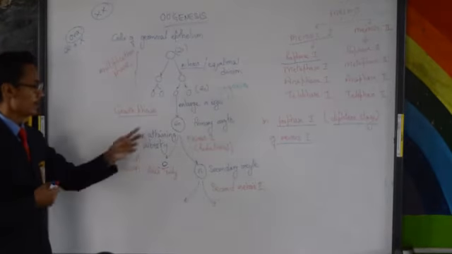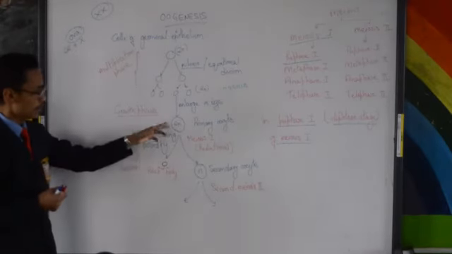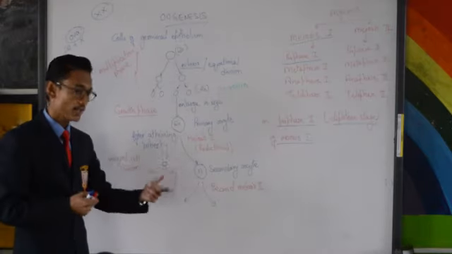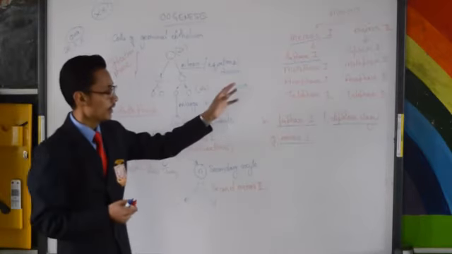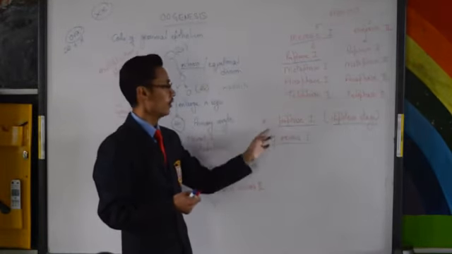The genetic makeup will be diploid since it has undergone mitotic cell division. Now these primary oocytes will be arrested or suspended because they have to undergo the first meiotic cell division, but this will be completed only once they attain puberty. Till then, it will be suspended at the diplotene stage of prophase 1 of meiosis 1.